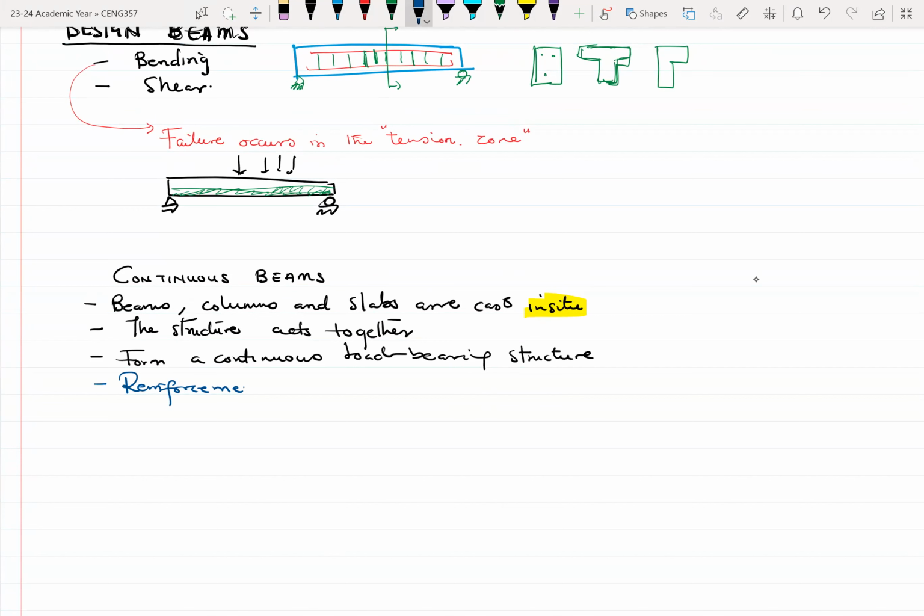The reinforcement must be designed and detailed as continuous, to take advantage of the fact that the structure is acting together, to maintain such continuity.